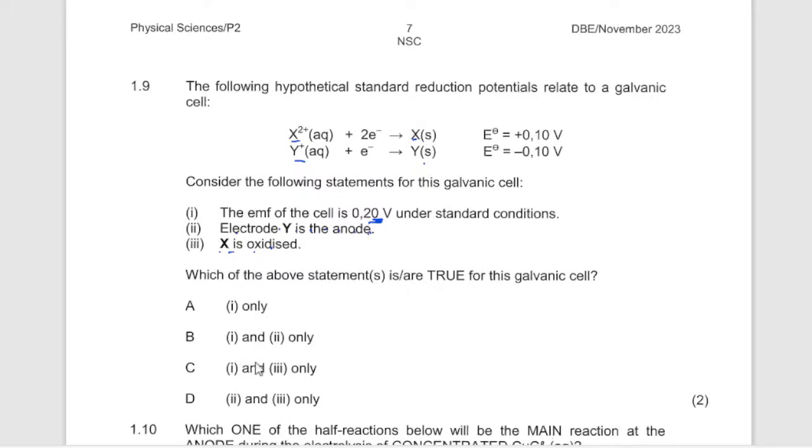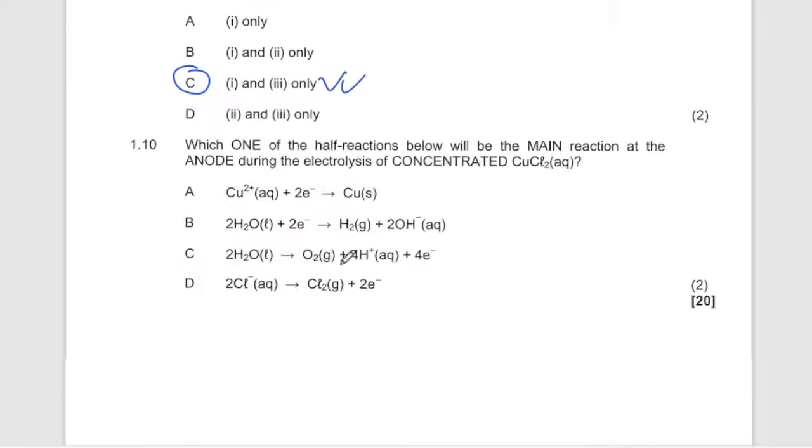If X is oxidized, yes, X is going to be oxidized. And don't forget, if X is oxidized, then automatically Y is going to be reduced. So it can't be the anode. So the most correct answer is this and this. You have to look at 1 and 3, where C becomes the most correct answer.